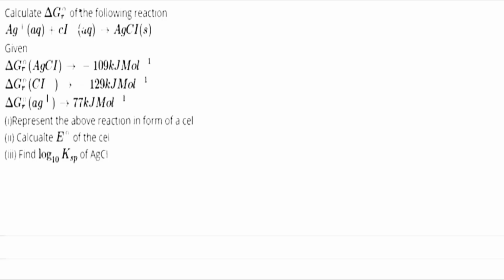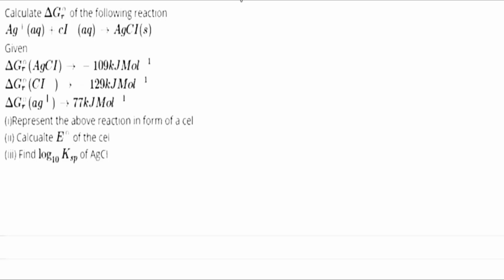So in this question we have to find the delta G naught of the reaction, and the delta G naught of the product and reactants we are given. Also the cell representation, and E naught and log 10 Ksp of the cell we have to find out.